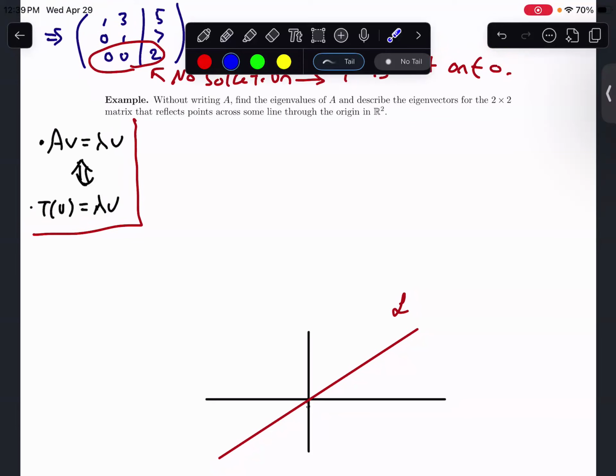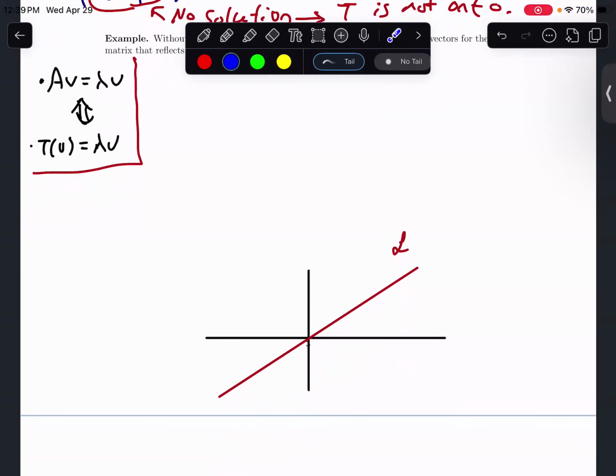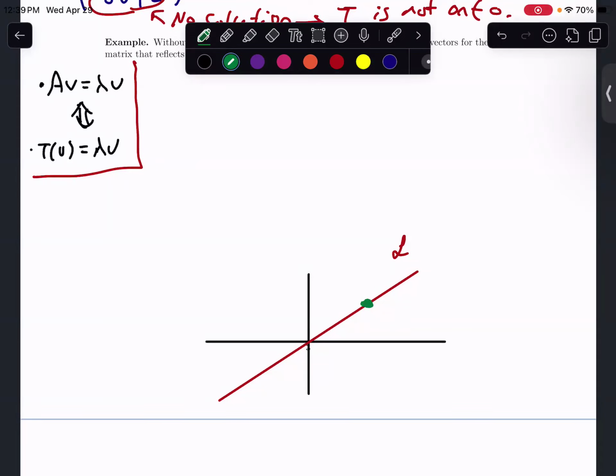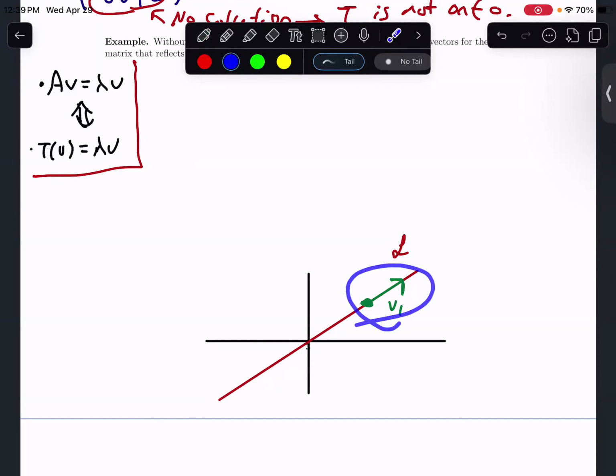So maybe one is you can think about being on the line itself. If you have a vector, I'm going to draw it in green, a vector here that's just on the line, pointing in this direction. I'm going to call this V1. If you apply the reflection to V1, the fact that it's already on the line means that you're not going to be doing anything to this vector through the transformation.